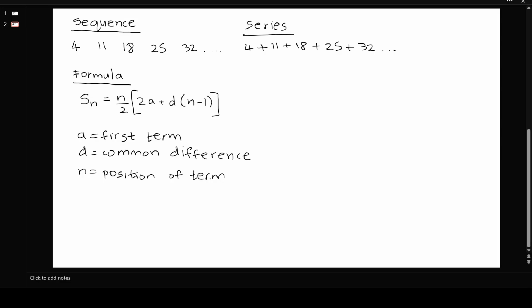In our example, n would be 17 because we're adding up all the terms from the very first all the way to the 17th term. So let me write that down. The position of the last term that we are adding. And Sn, what we're looking for, is the actual sum of the first n terms.